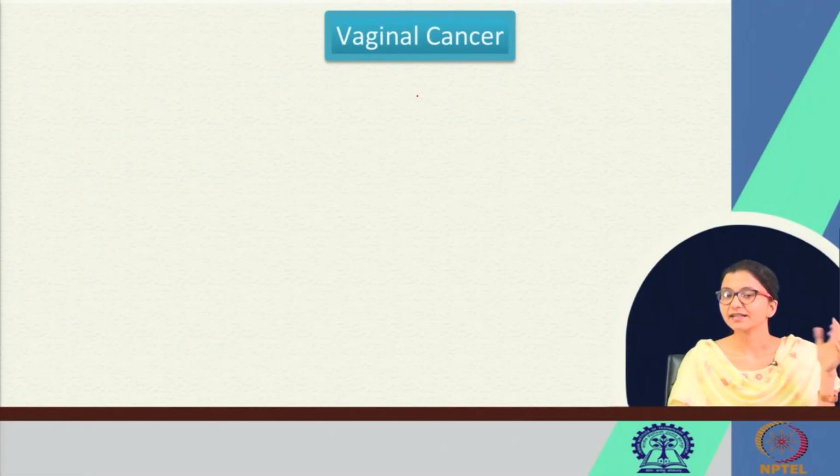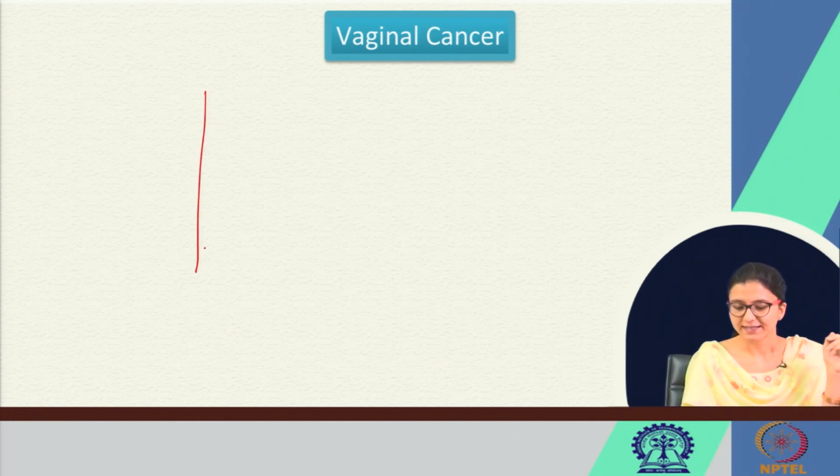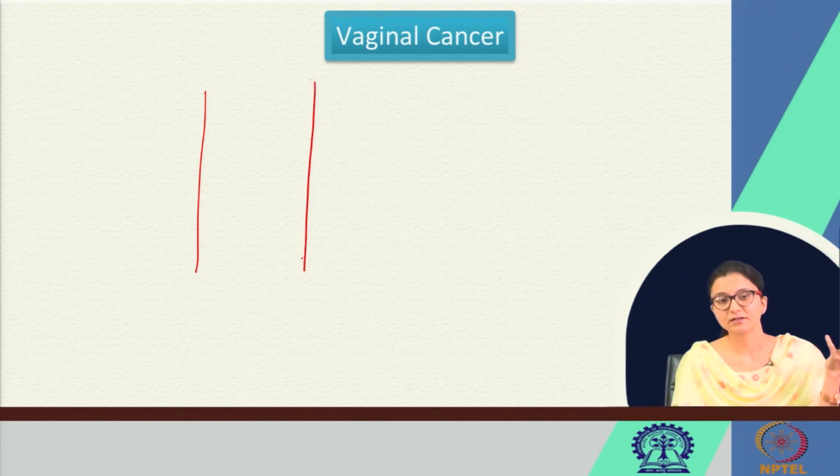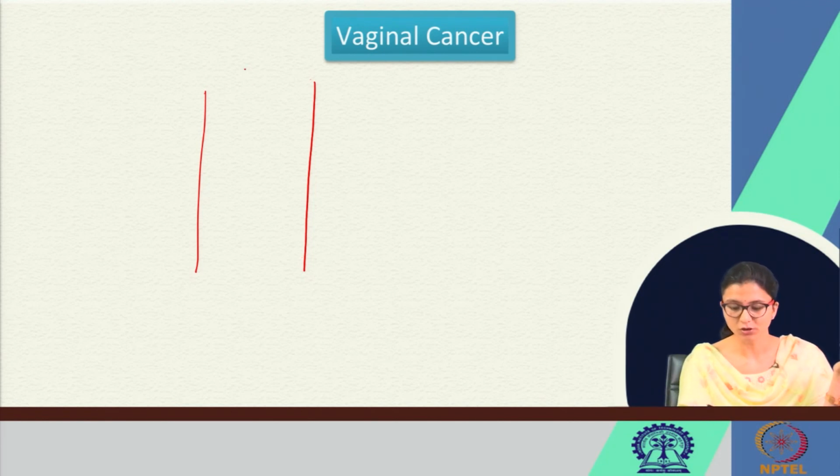Touching upon vaginal cancer a little bit, what we need to know is that the vagina is lined by stratified squamous epithelium, non-keratinized, as we have already told. So, cancer most commonly is squamous cell cancer.